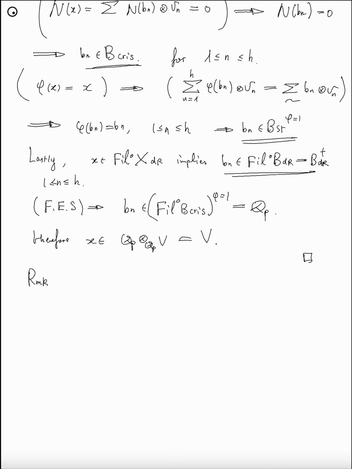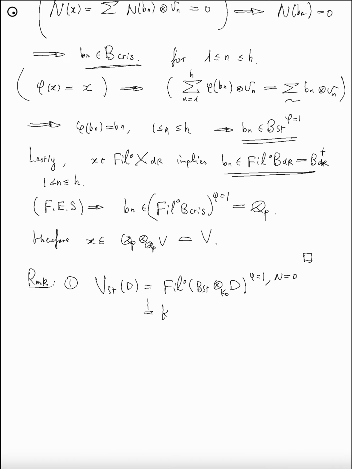Remark: equivalently, we could also define directly B_st tensor D to be Fil^0 of B_st with Frobenius equals 1, D tensor over K_0 with B_st. Also, the monodromy operator equals 0.